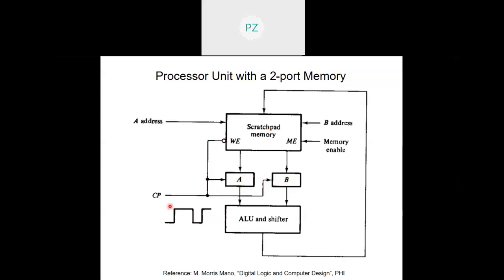So that is how this clock pulse works: this is active low for write enable, and this is active high for registers A and B, right? So what I can do, I can load A and B in the positive edge of the clock, and I can do the writing as a result of ALU and shifter in the negative part of the clock, right?